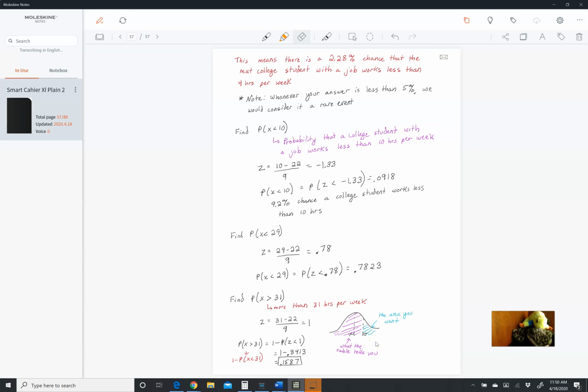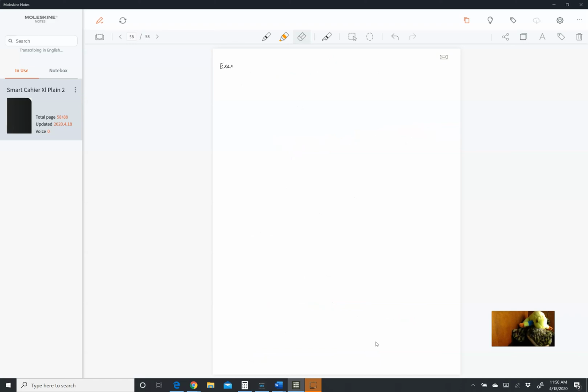Okay, let's take a completely different example. Let's say the average speed of a vehicle on a highway is 67 miles per hour.